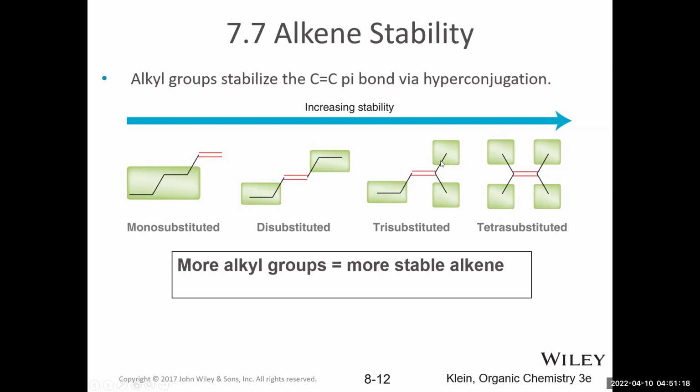So these alkyl groups, the carbon-hydrogen bonds, can also align with these two p orbitals, leading to a type of delocalization different than resonance because this is not in a p orbital, but still leading to electron delocalization and increased stability.